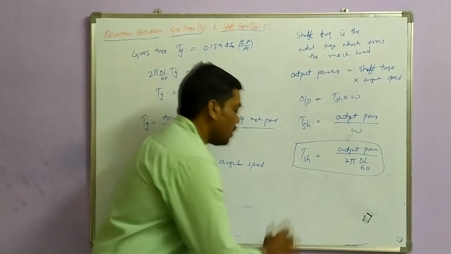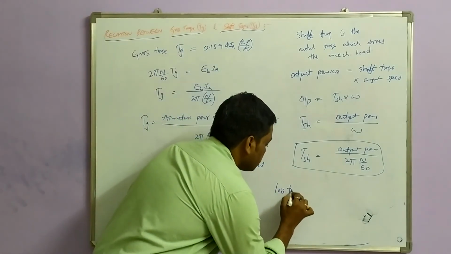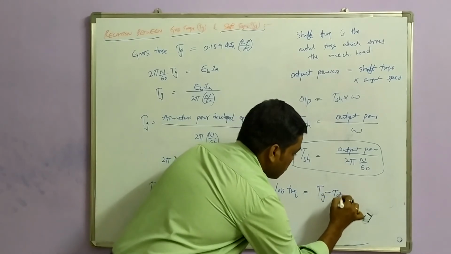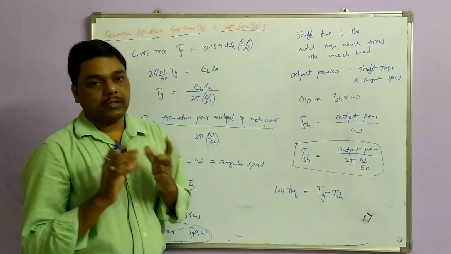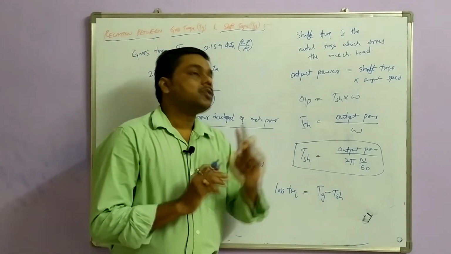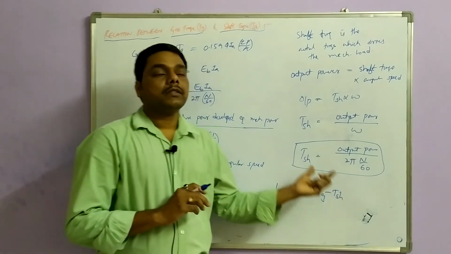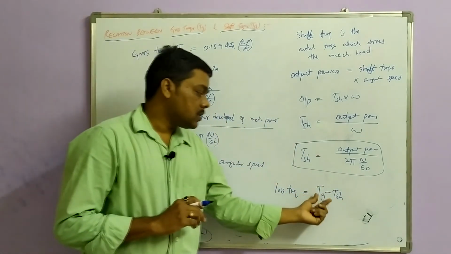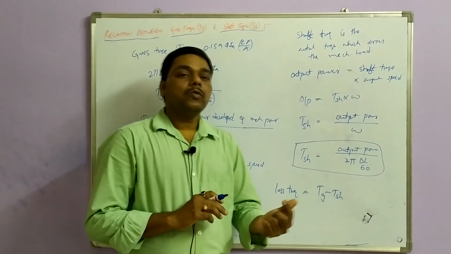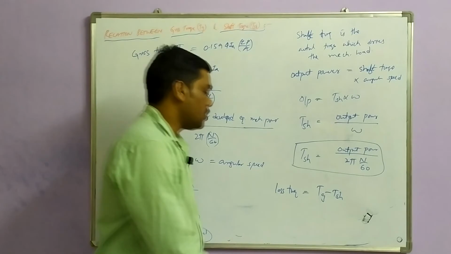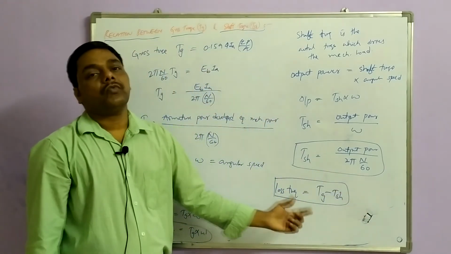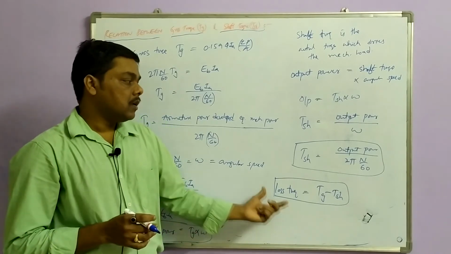So loss torque is equal to gross torque minus shaft torque. So the losses in the torque is given by gross torque minus shaft torque. Why? Shaft torque is less than gross torque, so gross torque is higher, so you deduct the shaft torque from here, and you will get the torque losses.